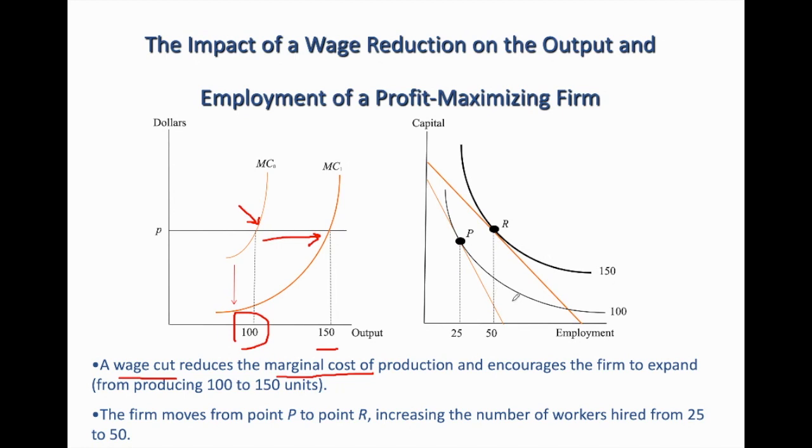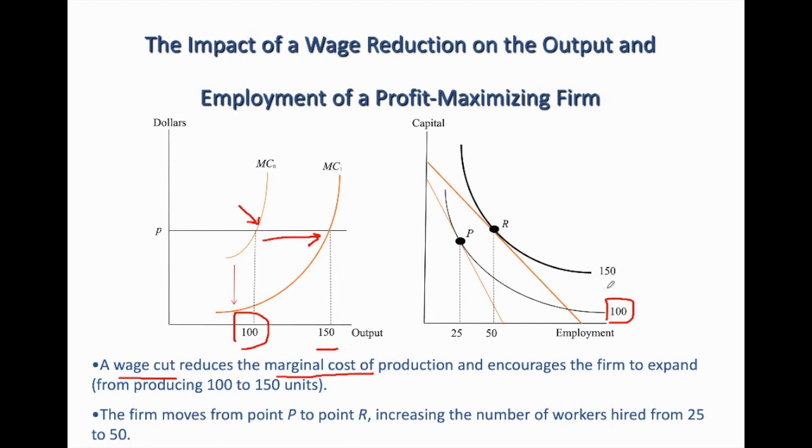This isoquant shows us the initial output produced by the firm earlier. We start by saying that the firm is producing 100 units of output initially. Taking into account the effect of the wage reduction, there is a jump in the output produced by the firm to 150 units.